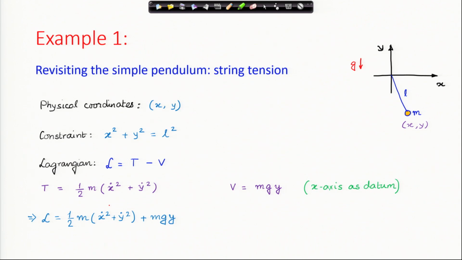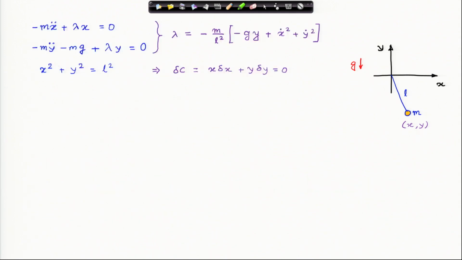The potential energy expression V is equal to mgy. Here once again we have this Lagrangian, kinetic minus the potential, and these steps we had discussed in the last class, and we had come up to this point that we had derived the equations of motion.